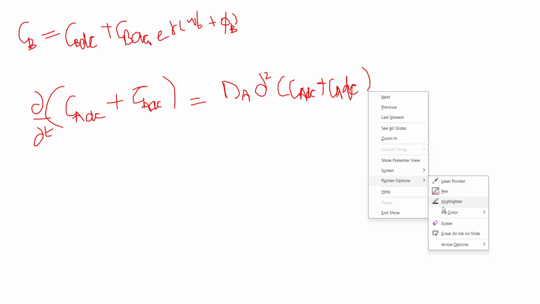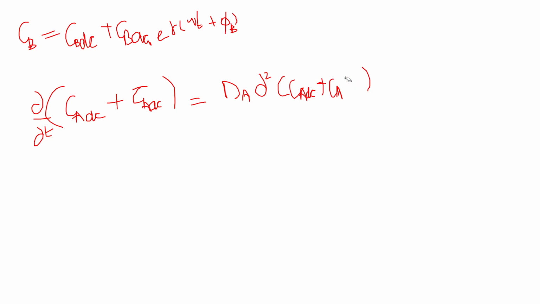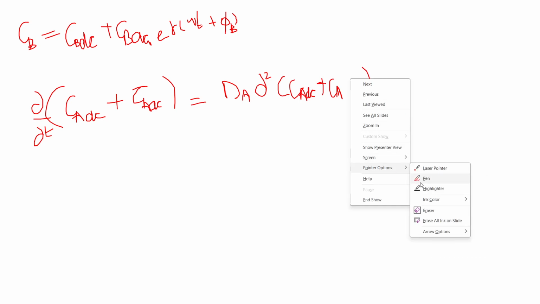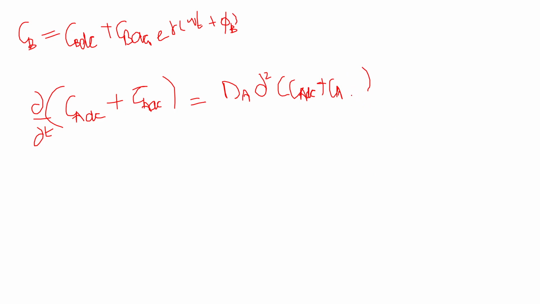I made a mistake here. By dou x square. You wrote this much. Now what do you do? This is a steady state, so this will go. Similarly, this will go. Right?